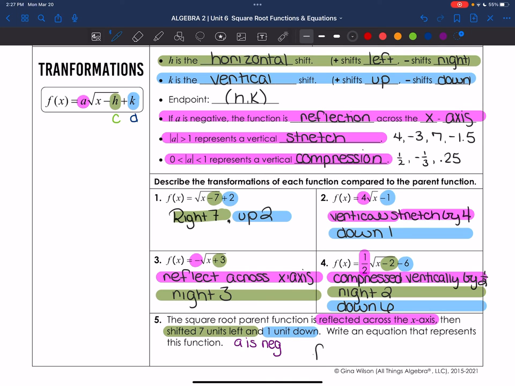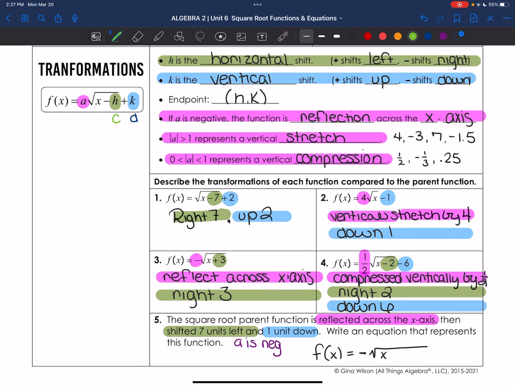So let's begin to write this in. We're going to write our function, f of x. We know that it needs to reflect across the x-axis, so that's going to be a negative a value, a negative in front of our square root. To get it to shift to the left, if I want it to shift left, then I need to make sure that I am adding that amount.